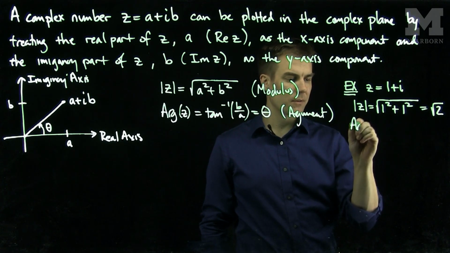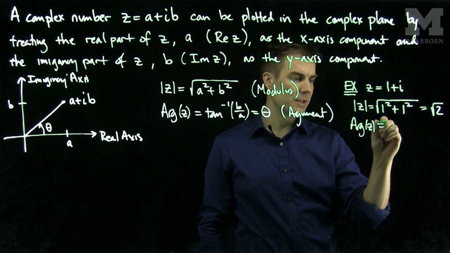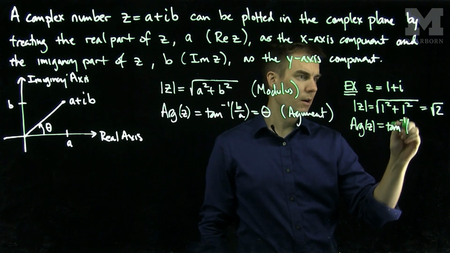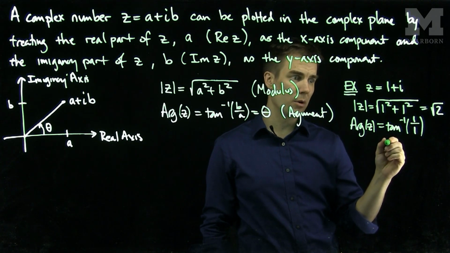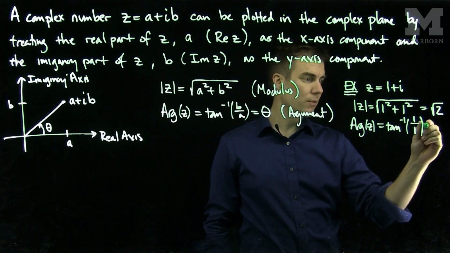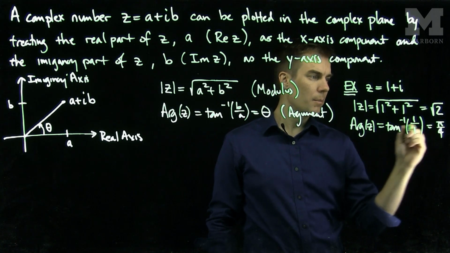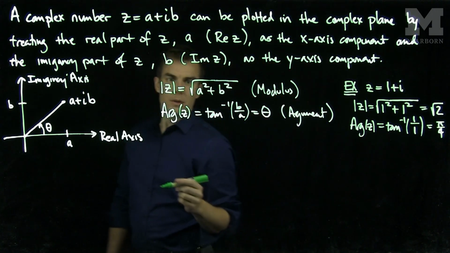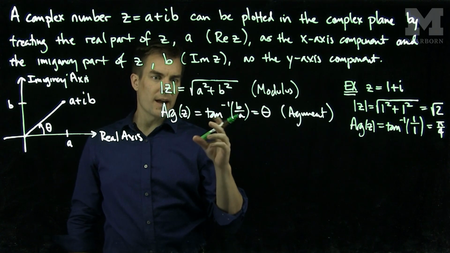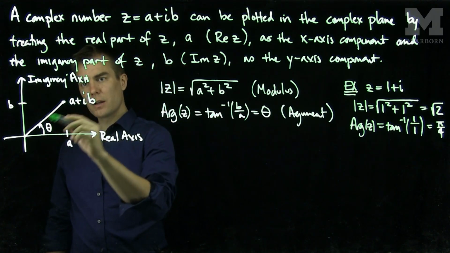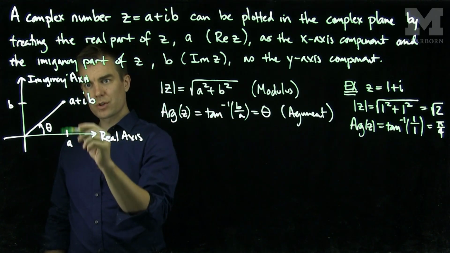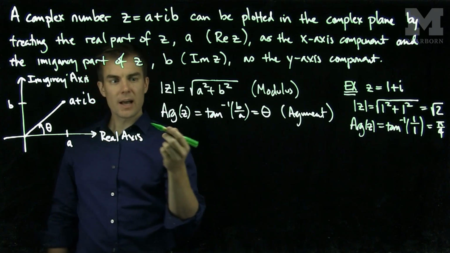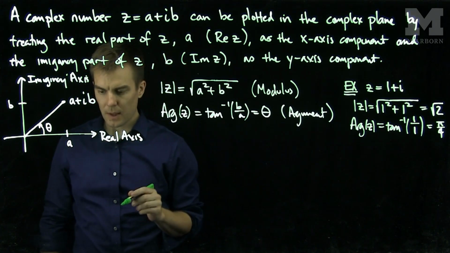And the argument of this complex number z is the inverse tangent of 1 over 1, the imaginary part over the real part. The inverse tangent of 1 is pi quarters. So we see that any complex number is uniquely determined by the distance it is away from the origin and the angle, exactly analogous to polar coordinates.